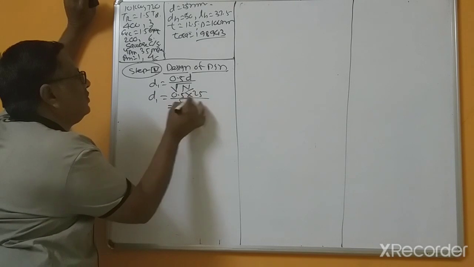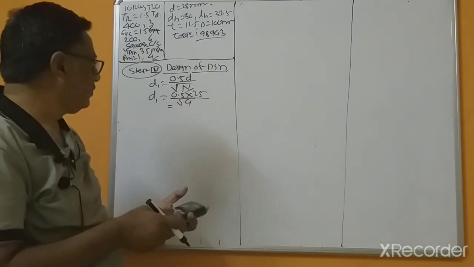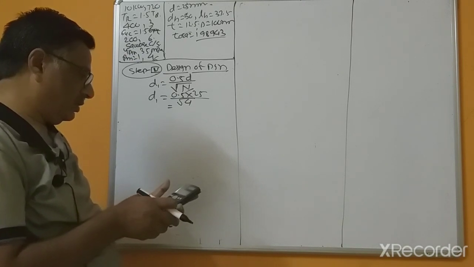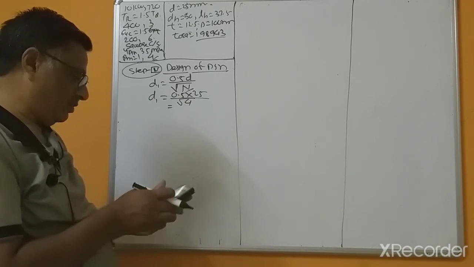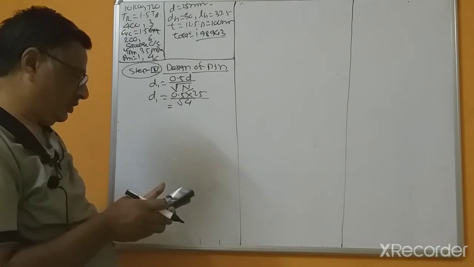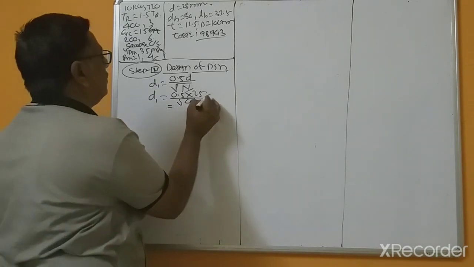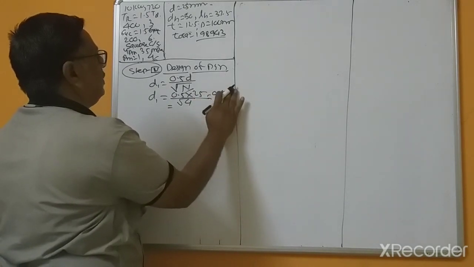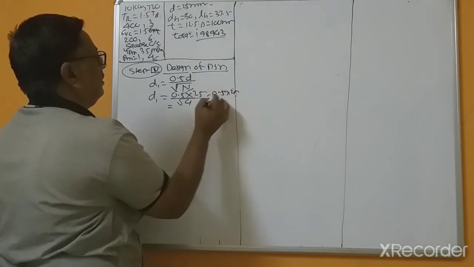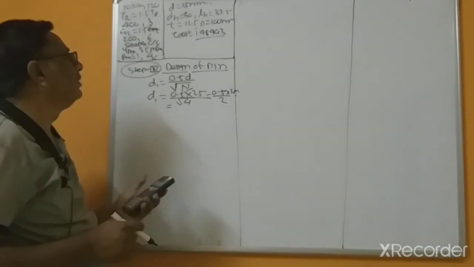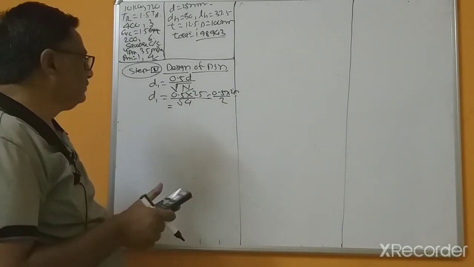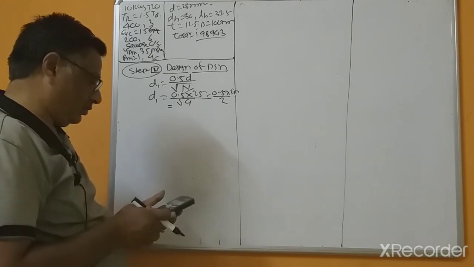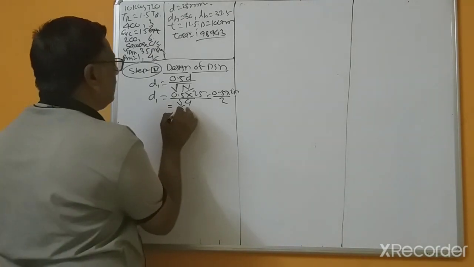Sorry, this is under root 4. 12.5 divided by under root 4, which is 2. This is 6.25 mm.